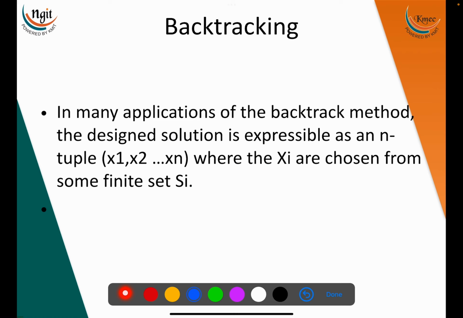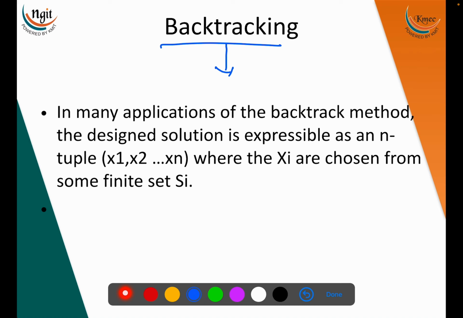Now let's get started. Backtracking is one of the problem solving strategies. Using this approach, we can solve computational problems. In the search for fundamental principles of algorithm design, backtracking represents one of the most general techniques.